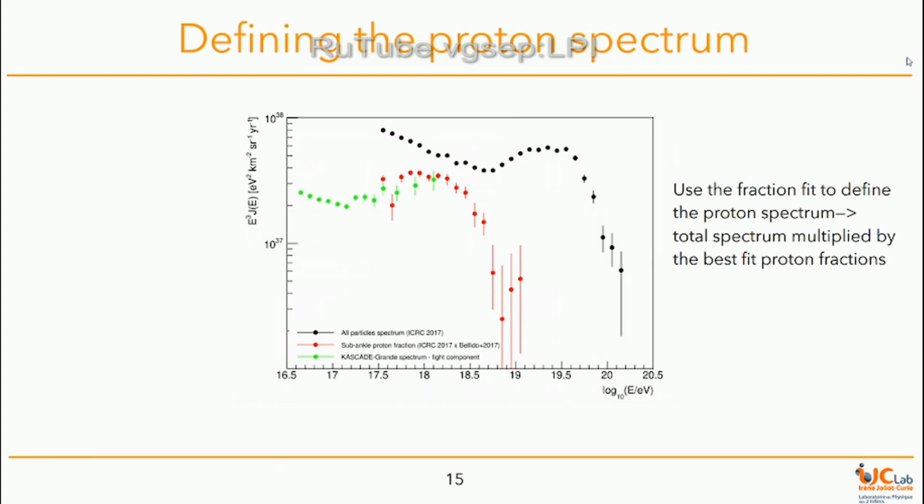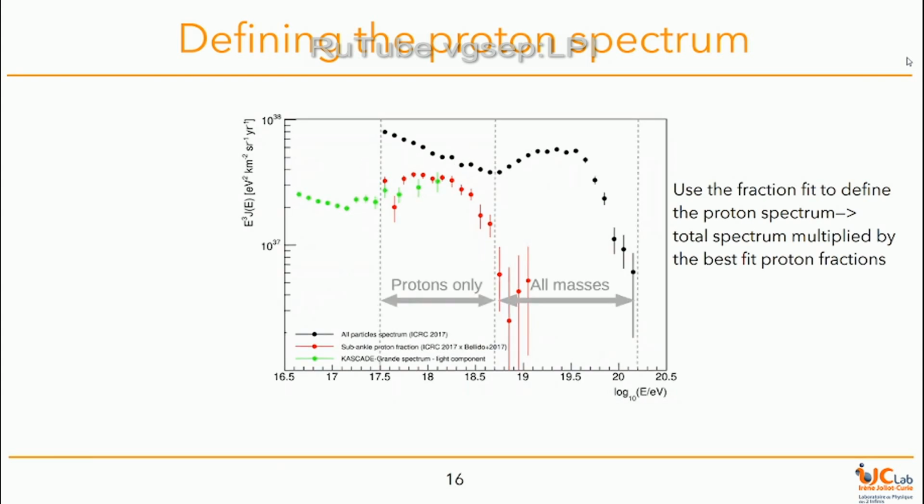And what we can do now is redo the same exercise that we did before, but take into account a fit of both spectrum and composition for energy above the ankle, so in this region, and then take into account also the proton spectrum at lower energy. So we try to describe also the black dots here, and the red dots here.